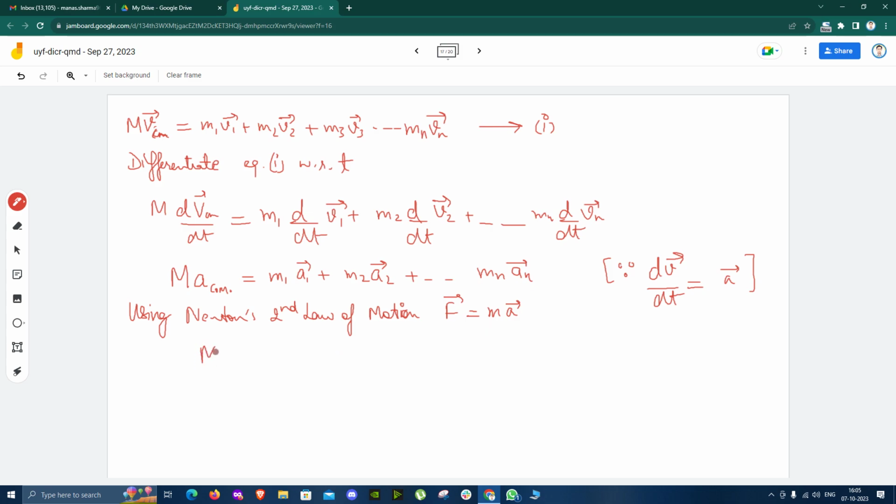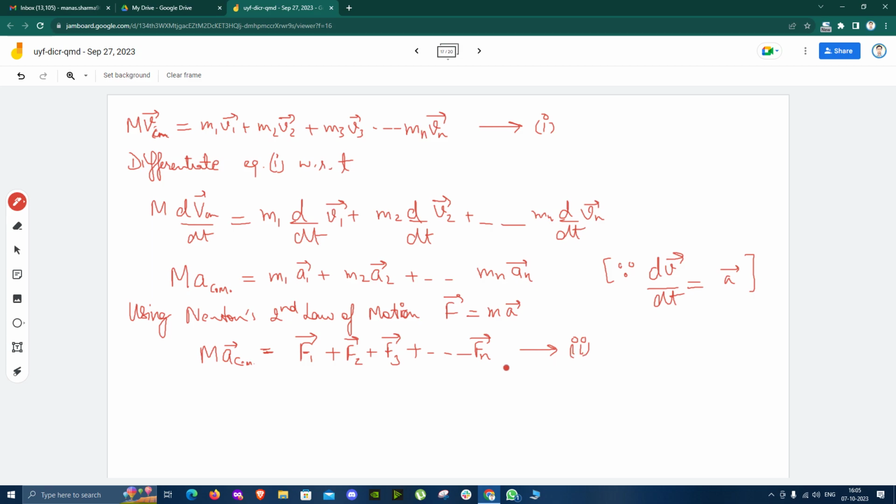So M times acceleration of the center of mass will be equal to M1 A1 equal to F1, force acting on the first particle M1. So it will be F1 plus F2 plus F3 and so on, Fn. Let's say this is the equation number 2.